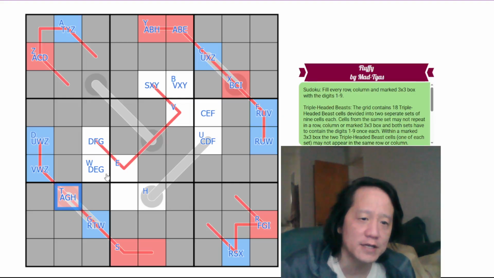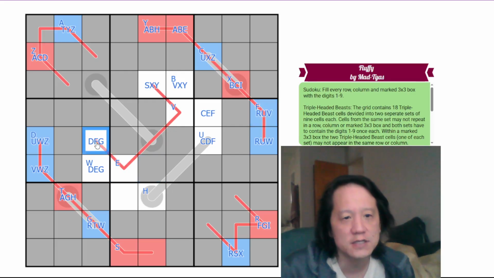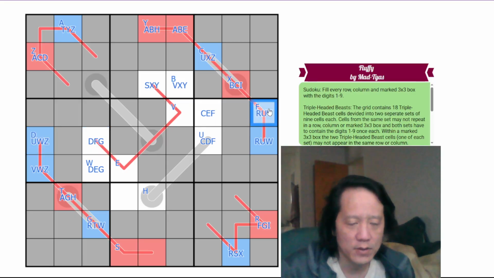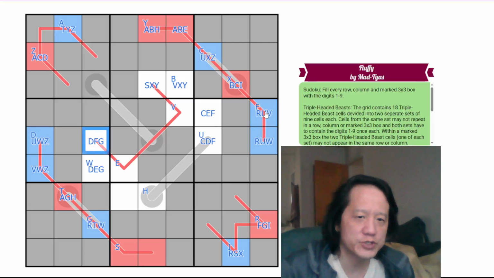That means 7, 8, and 9 have to be in D, E, and F. And the problem with that is this has to be at least D and F added together if it's here, which means you have D, F added together, which is at least 15, plus G, which could be at minimum 1.